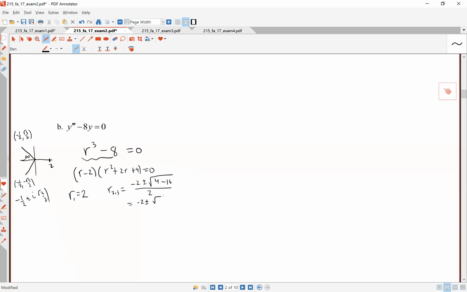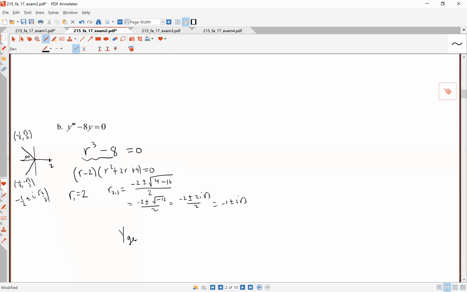Negative 2 plus or minus the square root of negative 12 over 2. Negative 2 plus or minus 2i root 3 over 2. So those are negative 1 plus or minus i root 3.